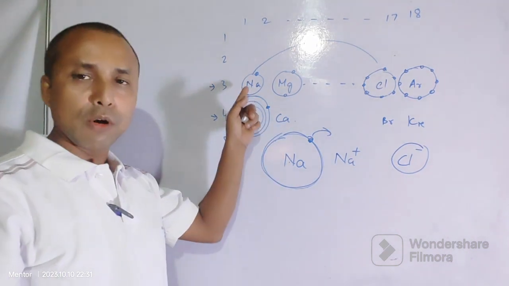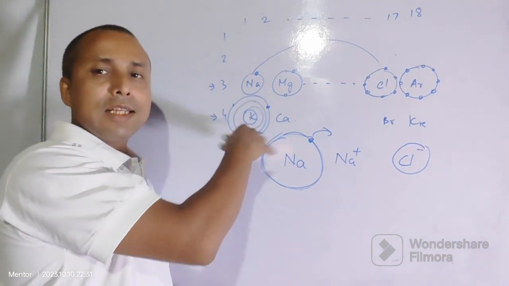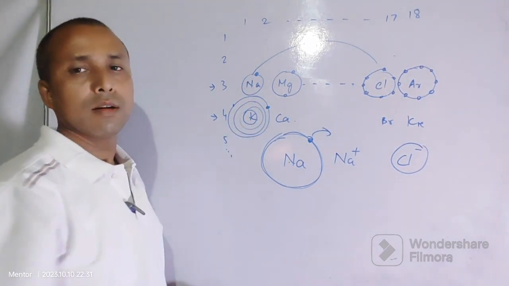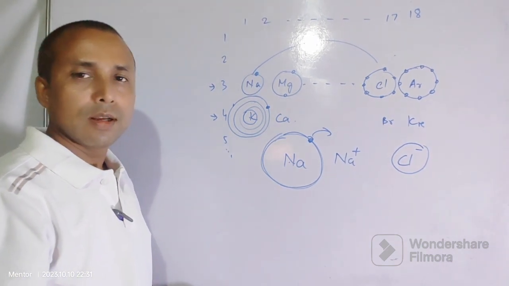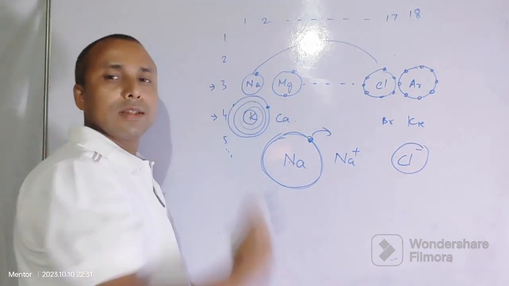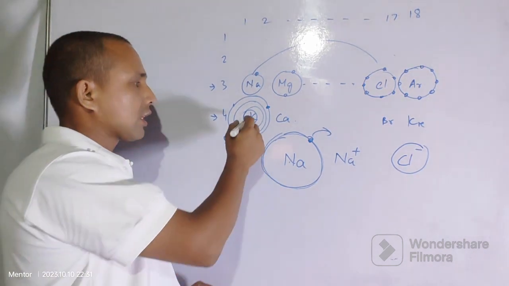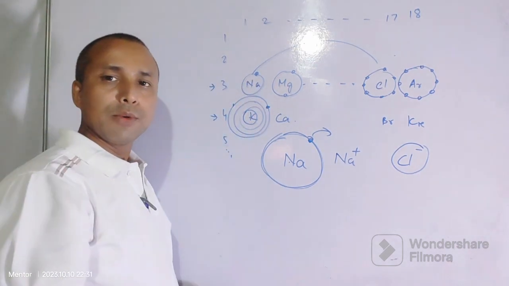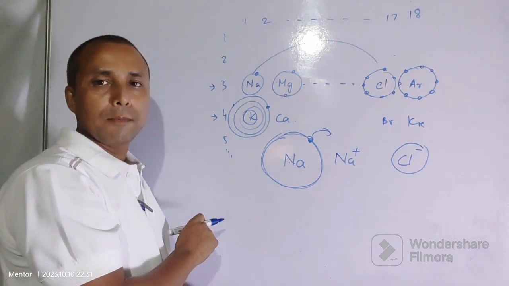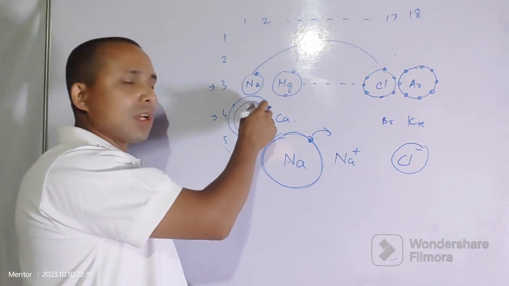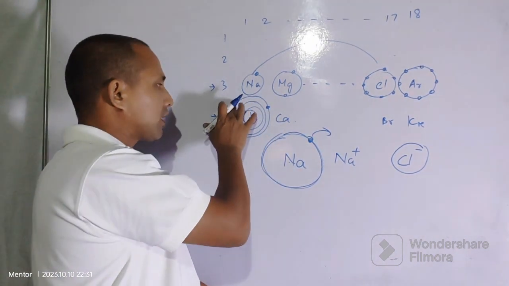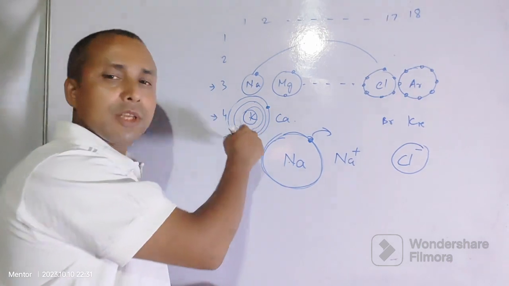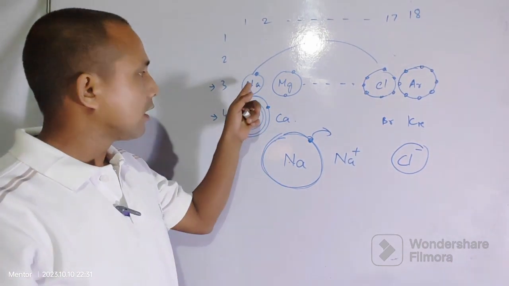Potassium is more reactive because potassium can release an electron easily and form a positive ion more easily than sodium. Sodium has 3 shells and potassium has 4 shells. So the 3rd shell is closer to the nucleus than the 4th shell. So potassium can release its electron from its outermost shell more easily than sodium. So potassium is a more reactive metal than sodium.